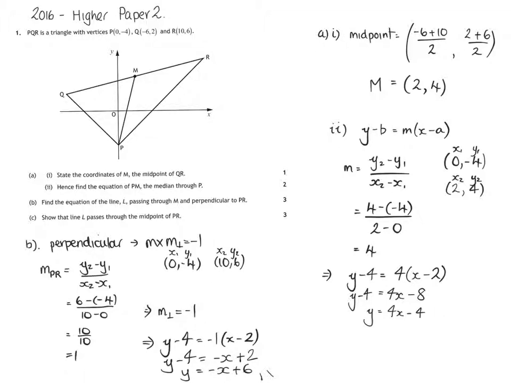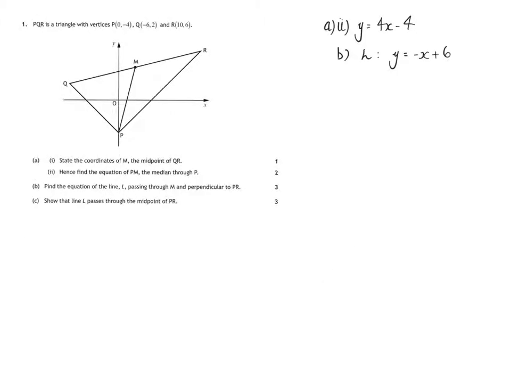Okay, so on to part C. For part C, we have to show that the line L passes through the midpoint of PR. So the midpoint of PR is going to be, so P is 0, minus 4, and R is 10, 6.